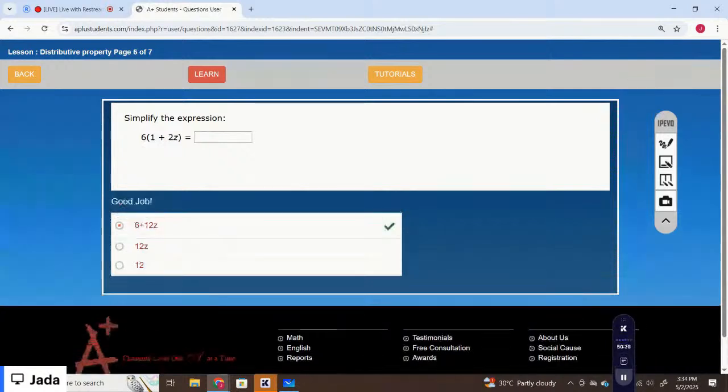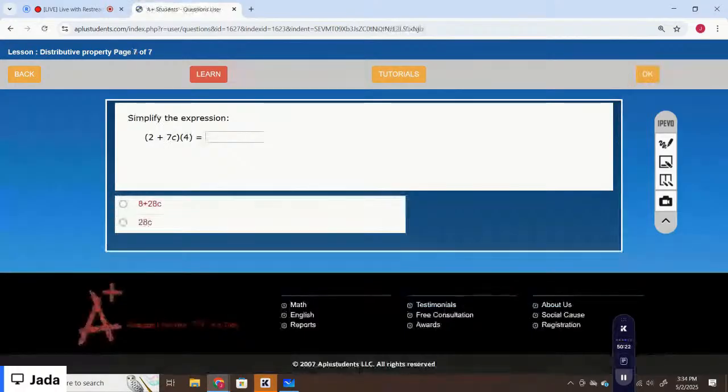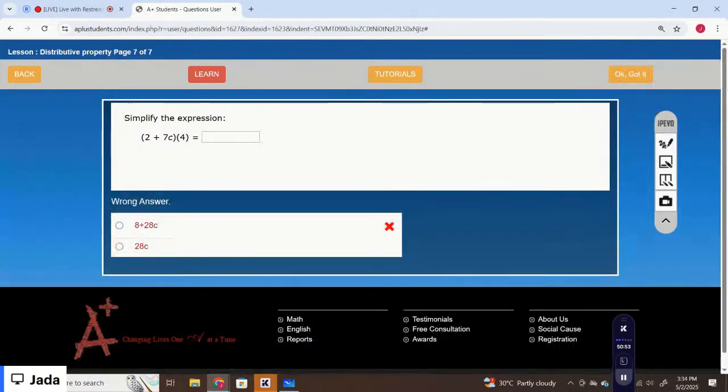So that is 6 plus 12z. 2 plus 7c times 4. 4 times 2 is 8 and 4 times 7 is 28. So that is 8 plus 28c.